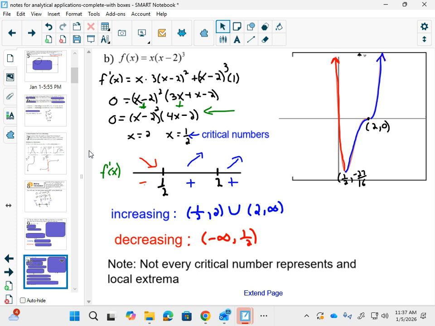In grade 12 pre-calculus, you would have noticed this as a positive x to the 4 graph. Because if I multiplied that x cubed out and then multiplied it by another x, I would get a positive x to the 4 graph.